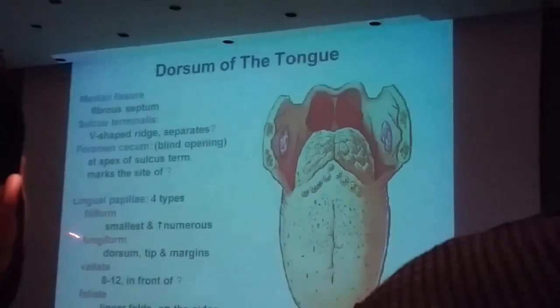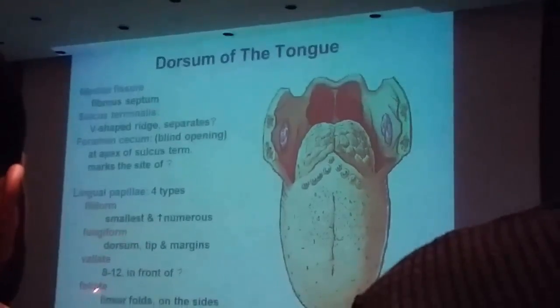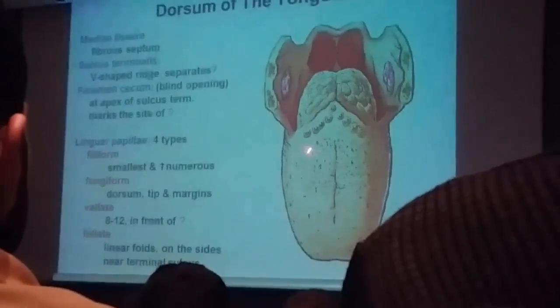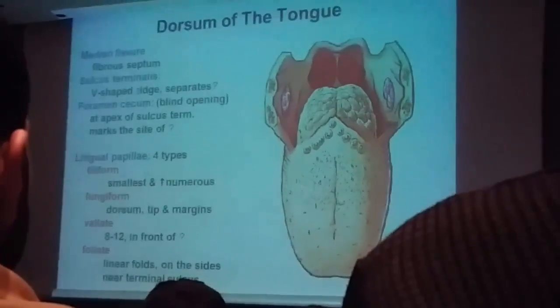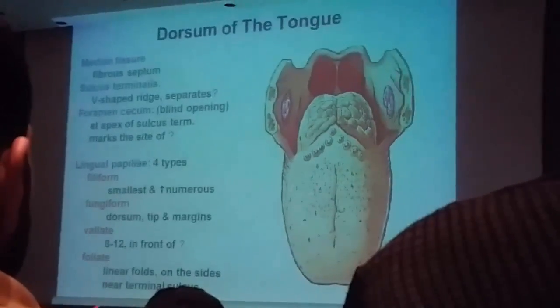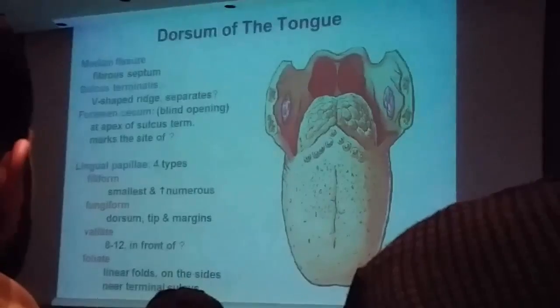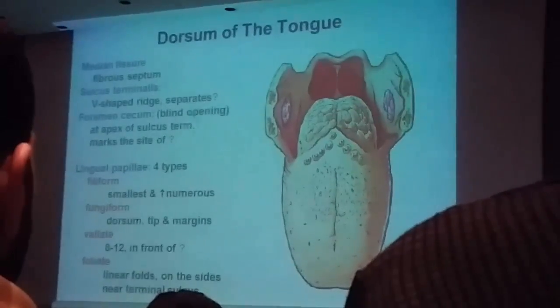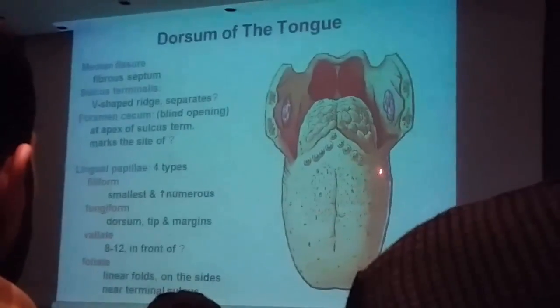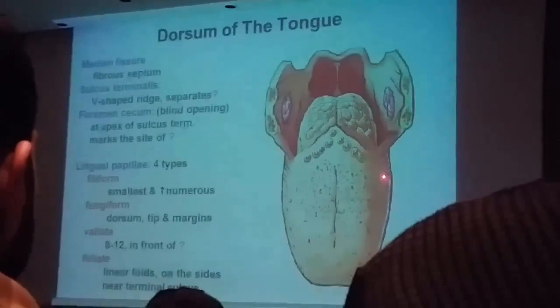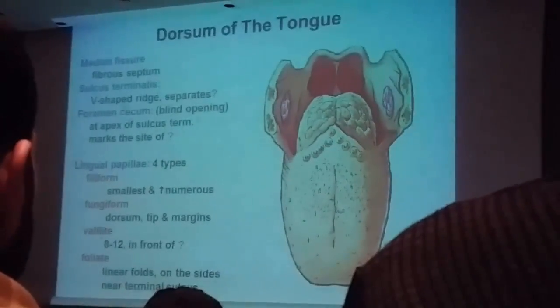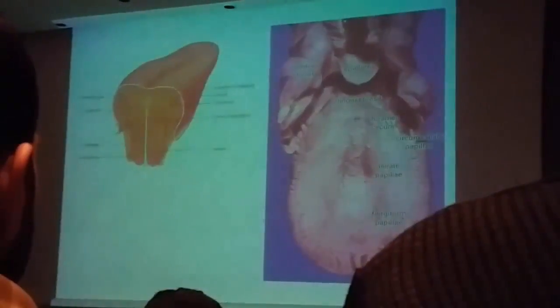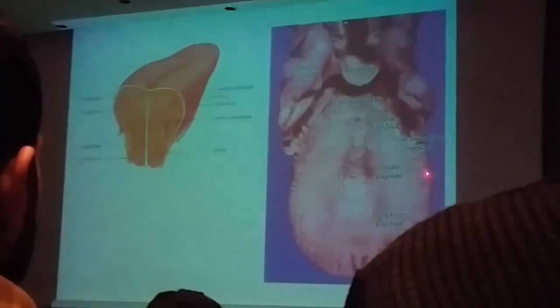Now, where are they located? These papillae which carry the taste buds: the fungiform are distributed all over the surface of the tongue. The foliate are not very well developed in humans; you see them in other primates. However, these are linear folds. You see them here, on each side near the sulcus terminalis. Let's look here at a real view. These are the foliate.